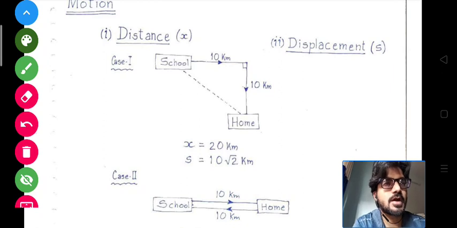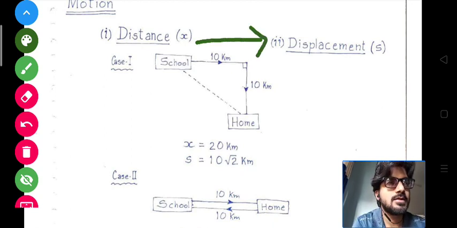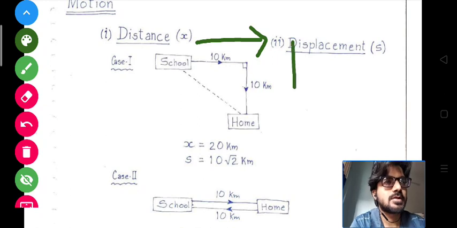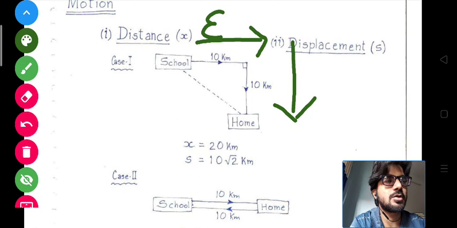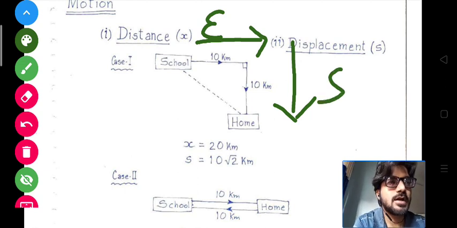There are two paths. First you travel 10 kilometers towards east and then 10 kilometers towards south. That is the longest path you have taken.